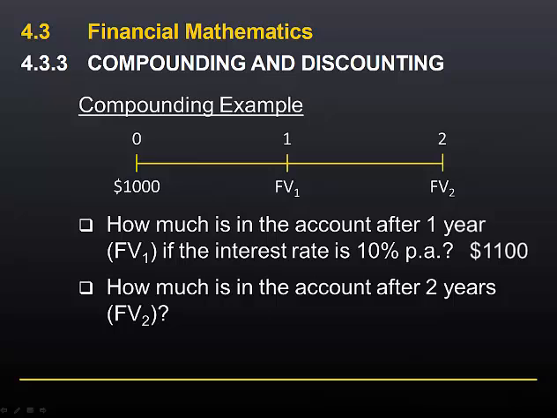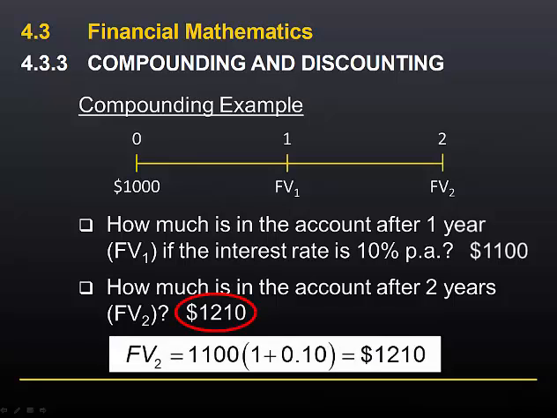How much will be in the account after 2 years? The answer is $1,210. The $100 in the account at the beginning of the second year earns 10% interest, or $110. So the total amount in the account is $1,100 plus $110, or $1,210.